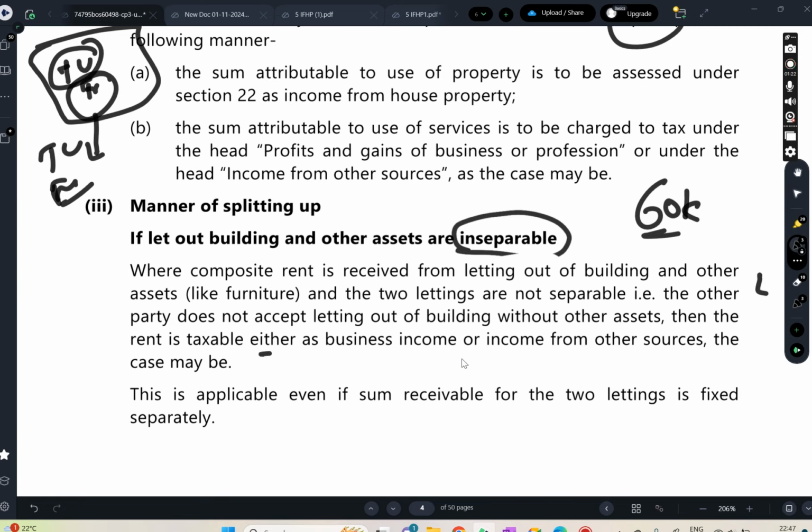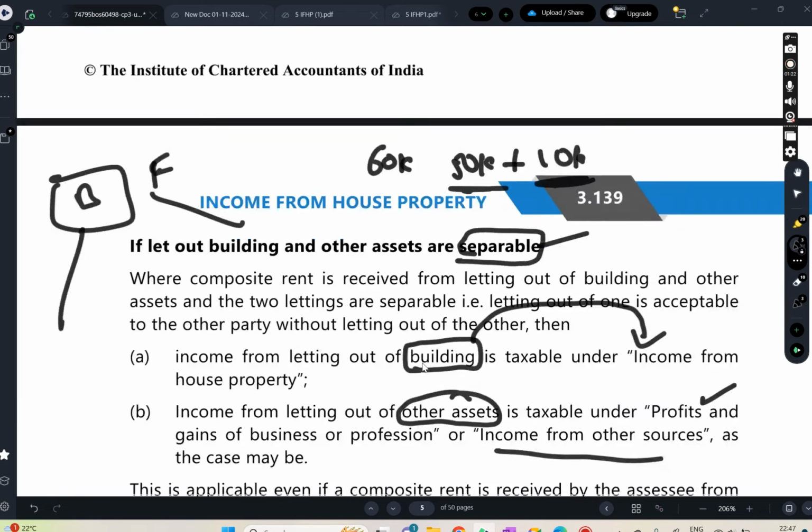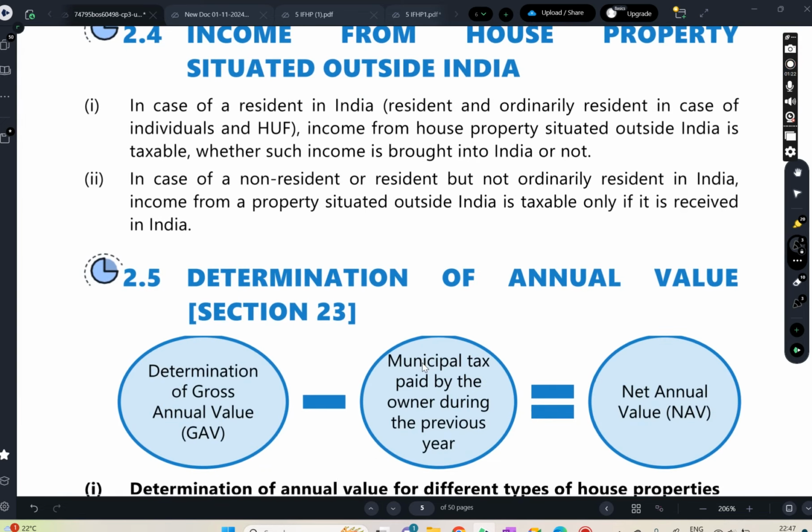If it is not separable, then whatever money you are getting, you charge as business income or IFOS, as the case may be, depending upon the situation. They would have given some examples for this in your CS book. It is not that difficult. Even if you give just one read, you will understand. This concept is not tested in the questions anyway.